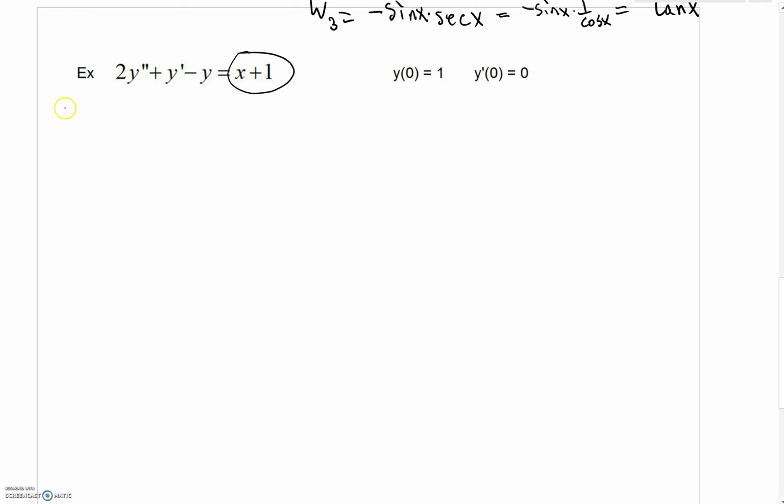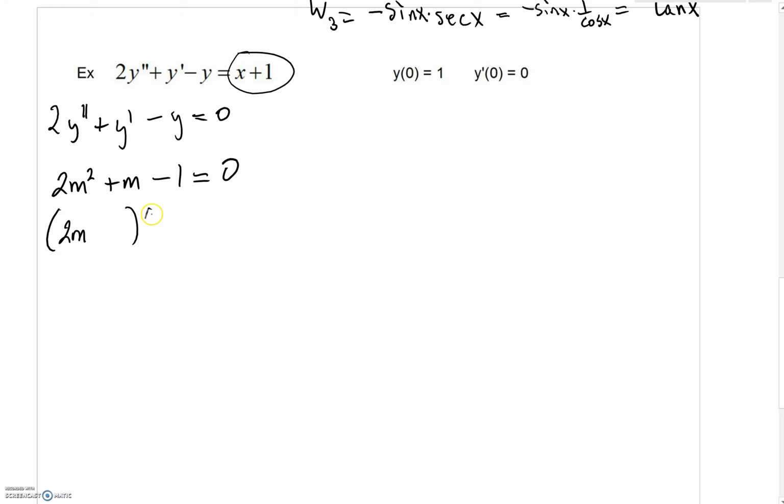First of all, let's just address solving this differential equation if it were equal to 0. And that's going to involve assuming that we have y equals e to the mx. And this thing right here is going to factor. See, it looks like a 2m and an m.